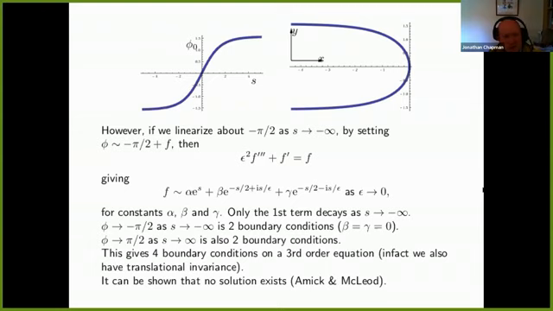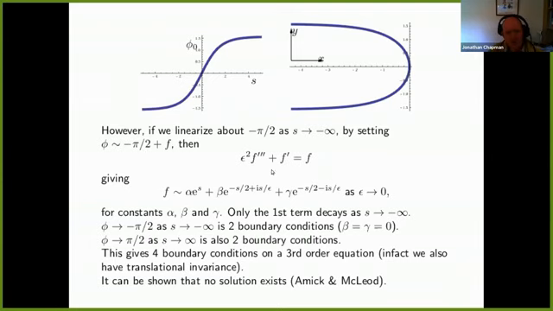But you can tell that something's not quite right if you linearize about the far field behavior. So at this point where phi goes to minus pi over 2 and s goes to minus infinity, if I linearize the equation about that point, I get this equation for the perturbation, the way that phi approaches minus pi over 2.